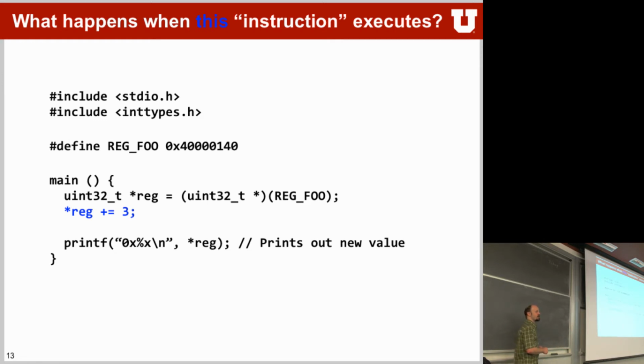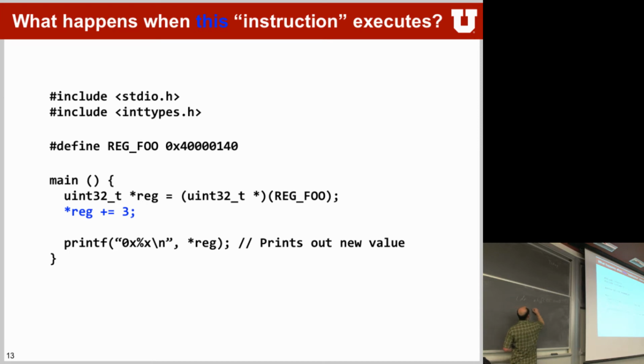At the blue line, this guy. What is this going to be translated into? I heard it, a load, right? We load into, let's say, R1, wherever foo points to. Right? It gets its memory location, then what? Add 3 to R1.